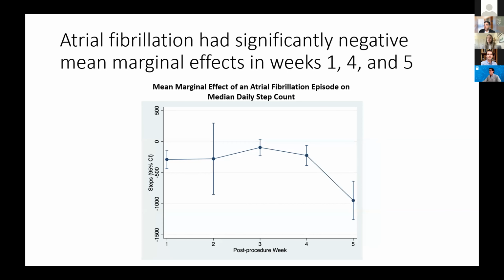And then you can also see when we look week by week, and each AF episode recorded in weeks 1, 4, and 5 had a significant negative mean marginal effect on step count. AF episodes recorded in week 2 and 3 also had a negative mean marginal effect on step count, but it wasn't statistically significant.